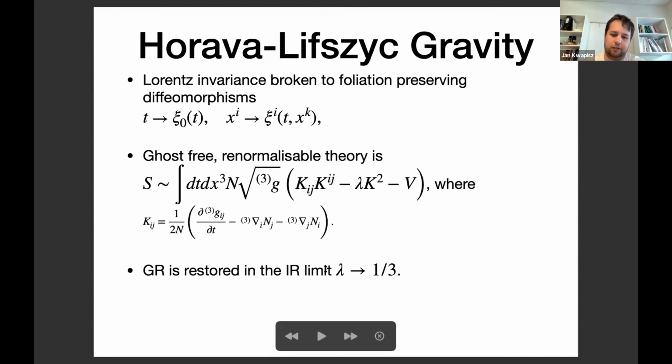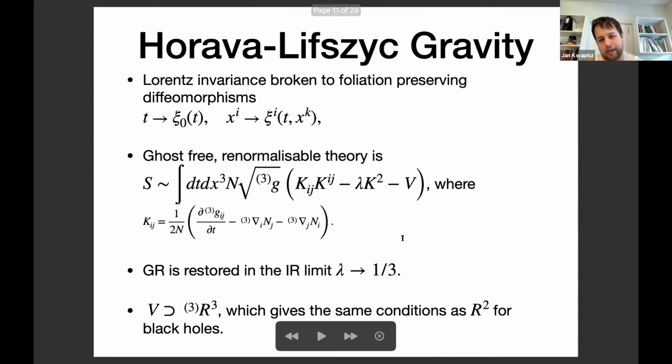GR is recovered in the IR limit of lambda going to 1/3, and this potential term can, for various Horava-Lifshitz theories, have terms up to R cubed due to renormalizability conditions.